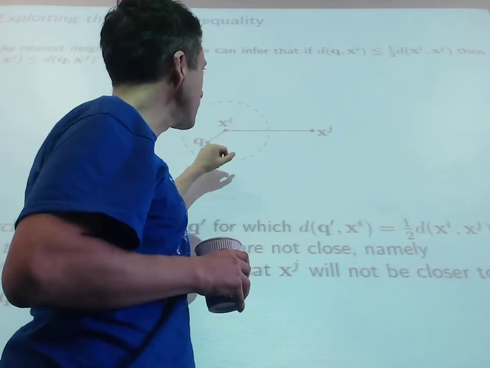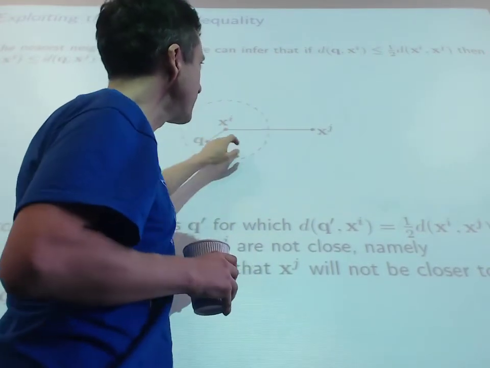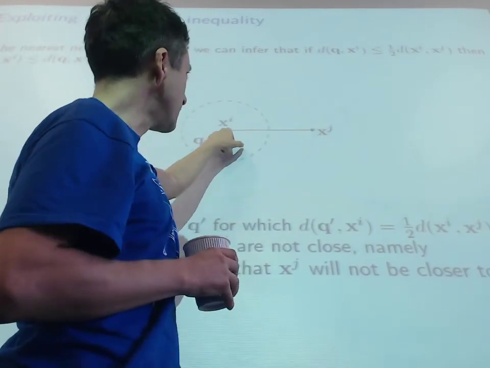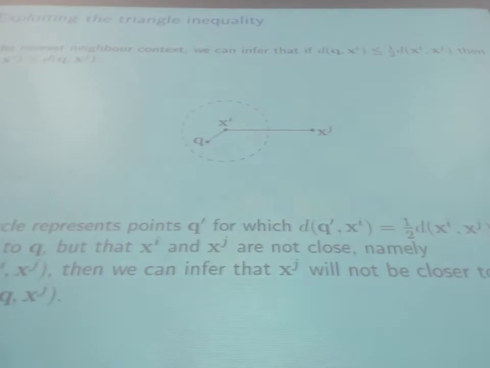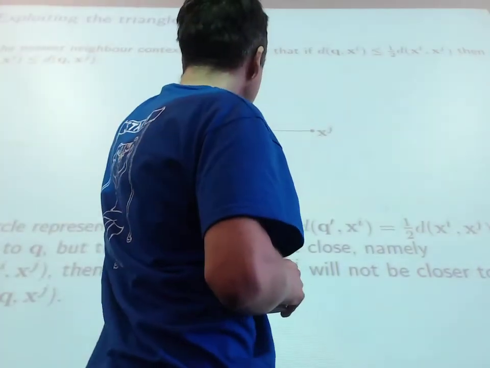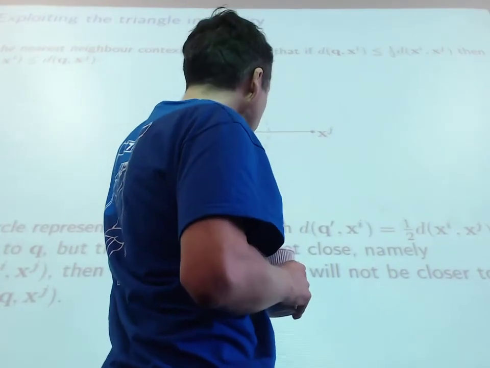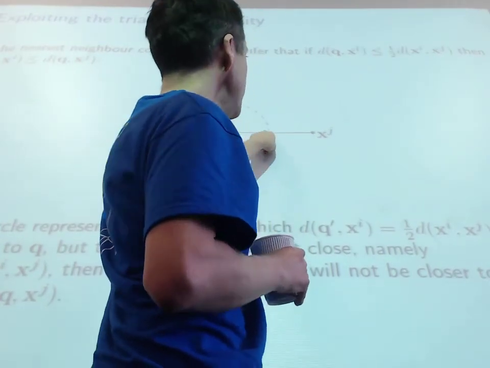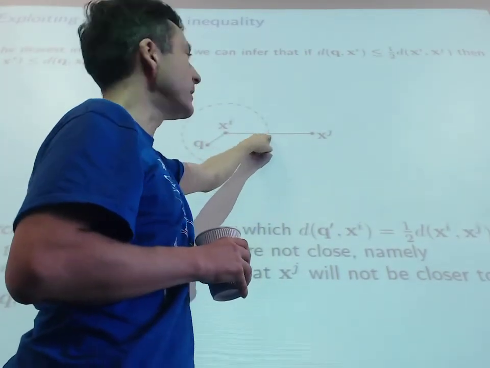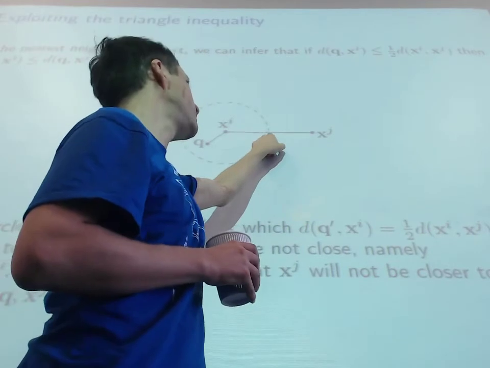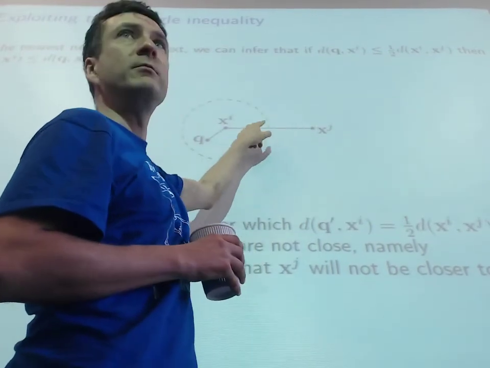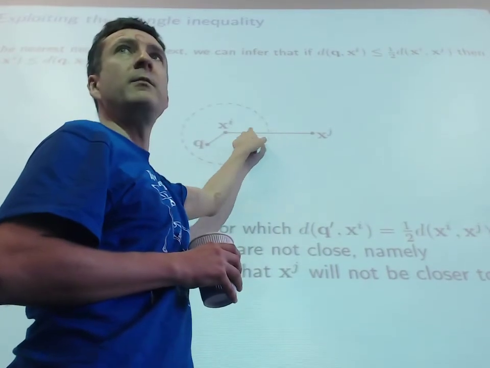Basically, as long as you're within this hypersphere bounded halfway along this distance, you must always be closer to xi than you are to xj. The worst case scenario is when we put Q along this line. At this point here, Q could be equidistant between xi and xj. If Q were over here, it must be closer to xj than it is to xi. But if it's down here, it cannot be.